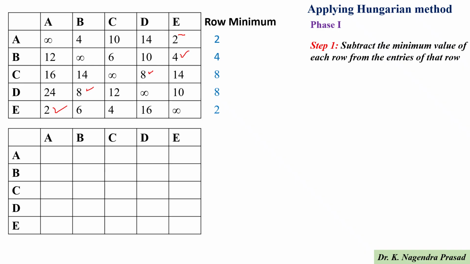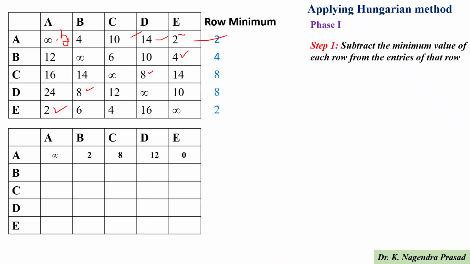Then write down the new tabular column and subtract 2 from the first row elements. The first row elements will become infinity minus 2, which is infinity only, then 4 minus 2 is 2, 10 minus 2 is 8, 14 minus 2 is 12, and 2 minus 2 equals 0. Similarly, in the second row, we subtract the value 4.